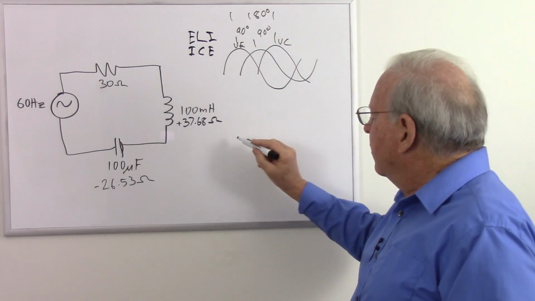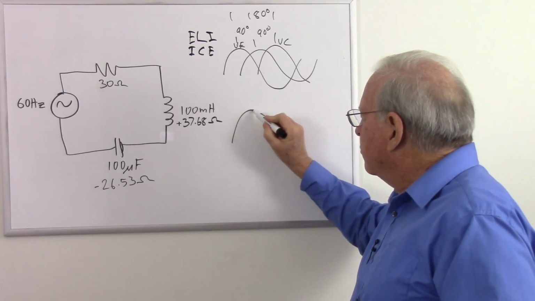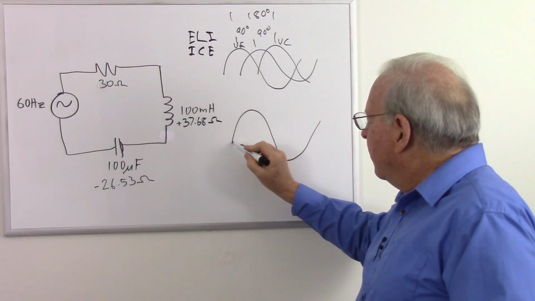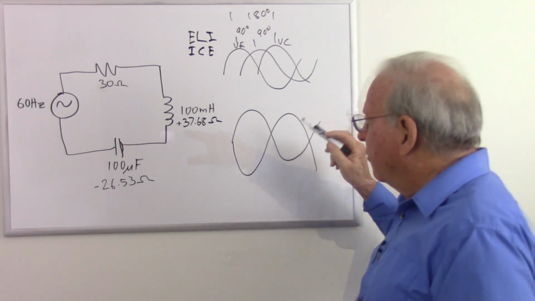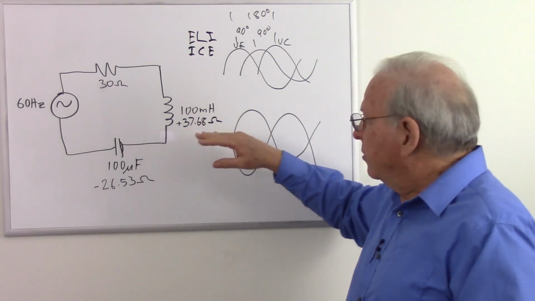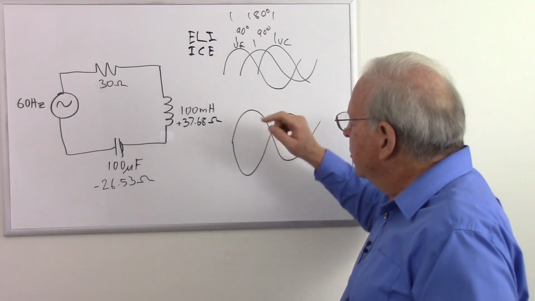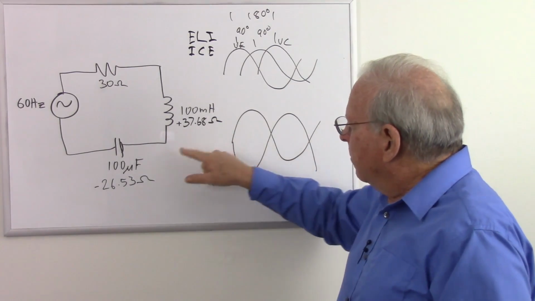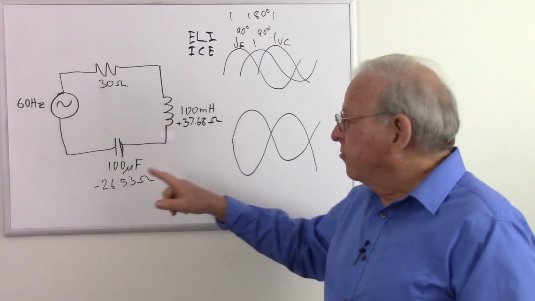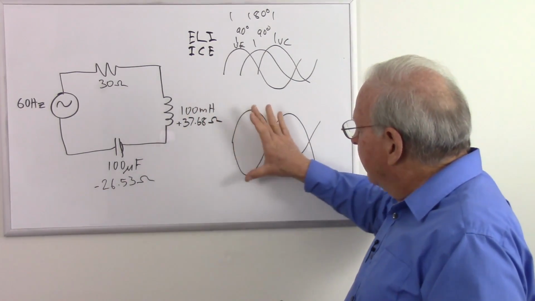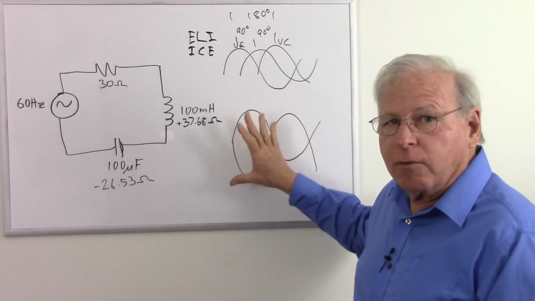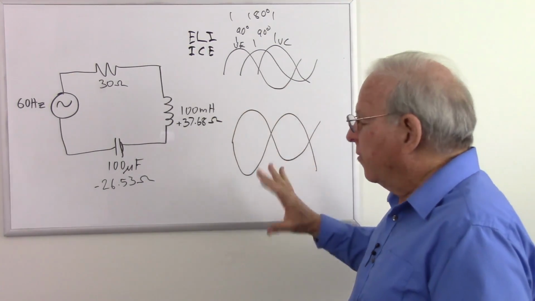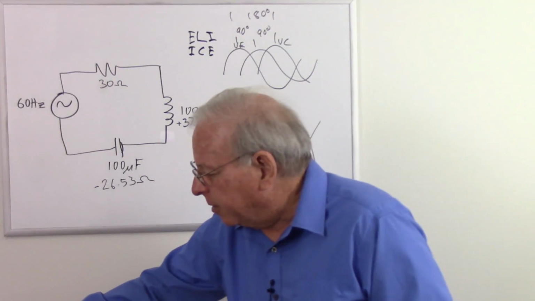So since they're 180 degrees out of phase, what's happening? Here's the voltage across the inductor, there's the voltage across the capacitor, and they're completely countering each other. So we take our inductive reactance, which is proportional to the voltage, and we make that our positive number. We take our capacitive reactance, that's our negative number, and we add them together, and if they are equal, they will completely cancel each other out. But if they're not equal, one's going to be a little more powerful than the other, as we'll see in just a moment.